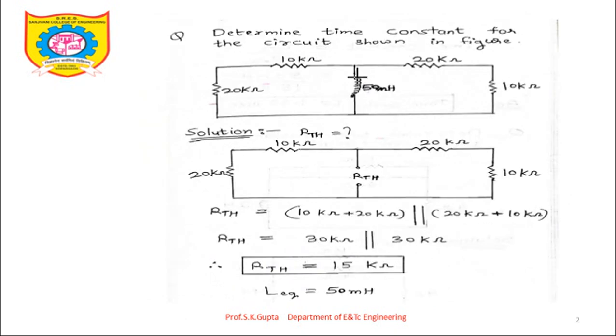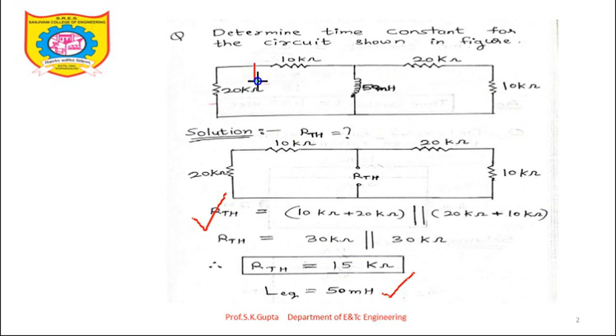Once again I will repeat. Open the inductor or open the capacitor and try to see the resistance. That will be the value of RTH. And if only one inductor is there, you can take that inductor value as it is. If suppose there are two inductors, then you have to determine how these inductors are connected.